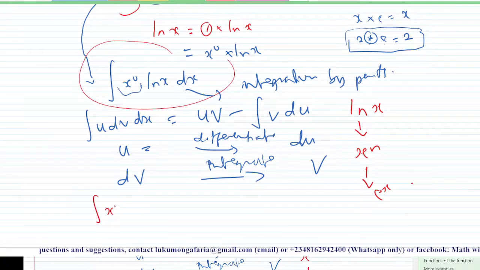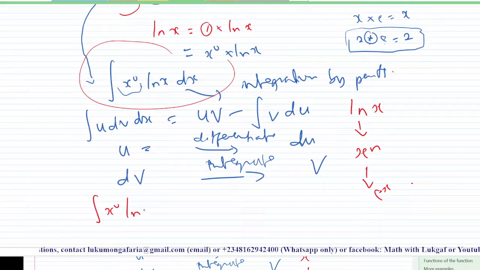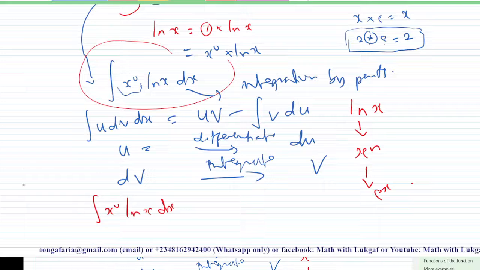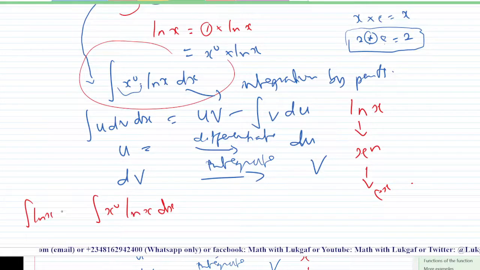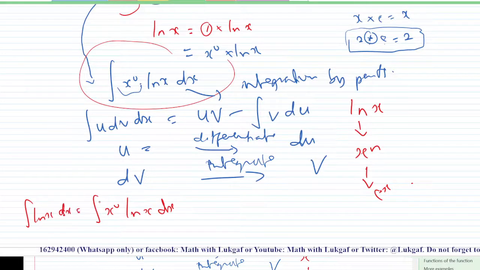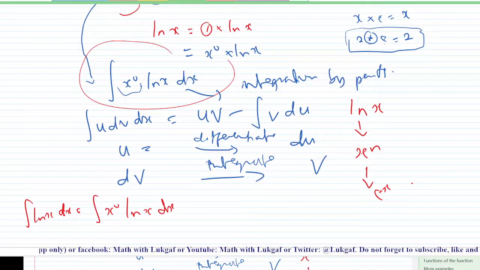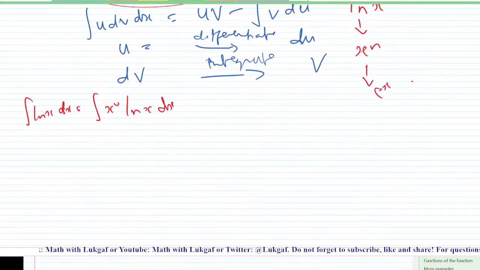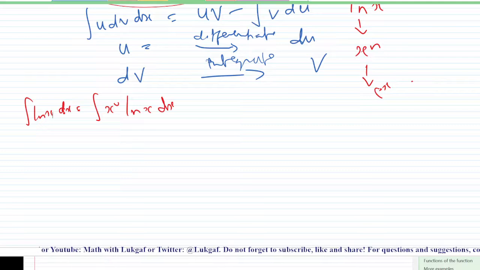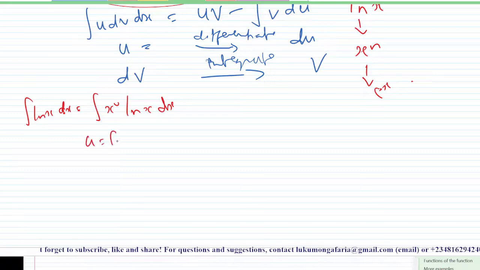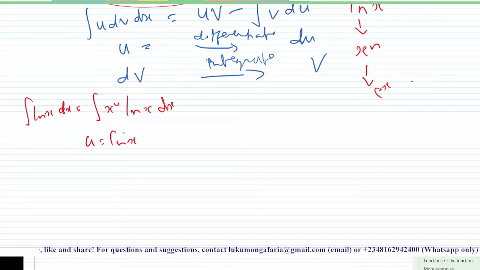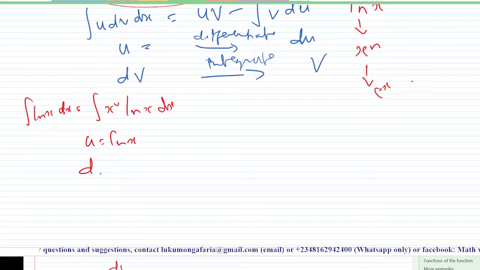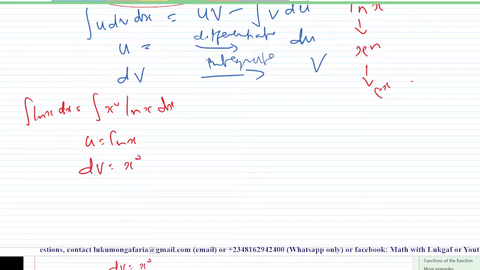I have x raised to 0 ln x dx. Remember, that is the same thing as ln x, which is what we are trying to find. Based on the priority order I gave before, as stated in the book of K. A. Stroud, my u here is going to be ln x. Definitely the other function is going to be dv, which is x raised to 0.